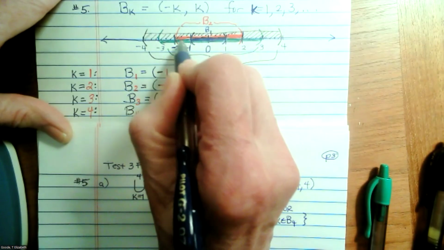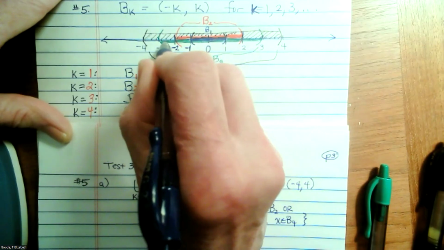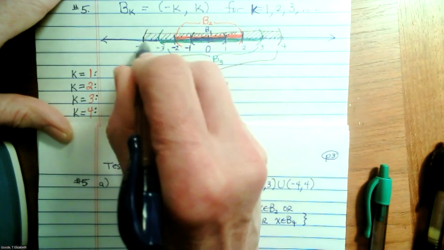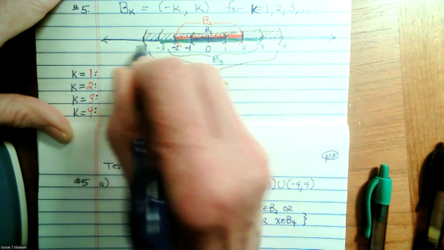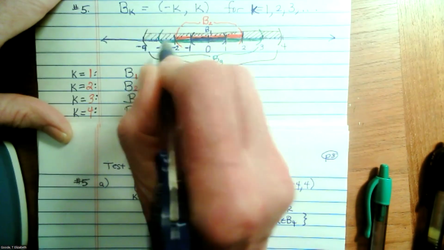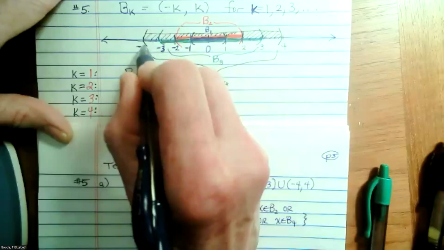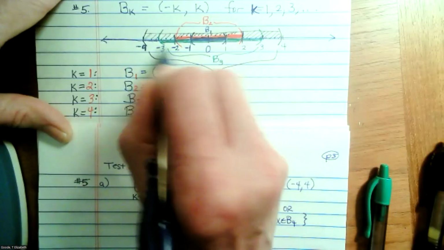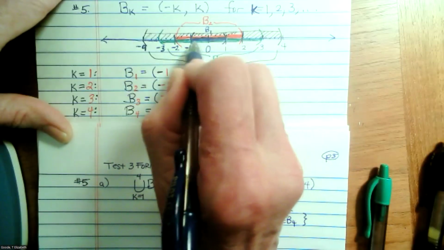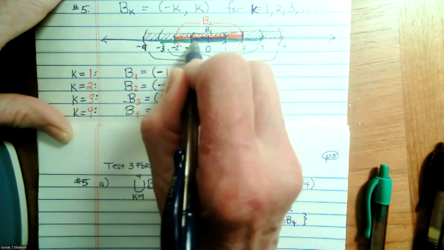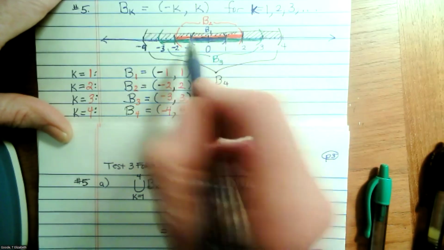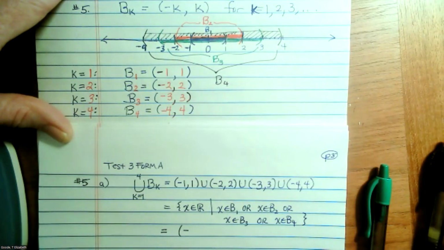Aren't they in B2? Why would we throw away all of these real numbers that are out here up to but not including -4? In fact, if we were throwing them away, why didn't we throw away the real numbers between -1 and 0? Why did we stop at -1? Doesn't make sense to me.